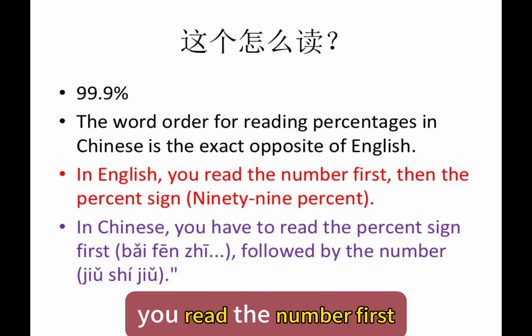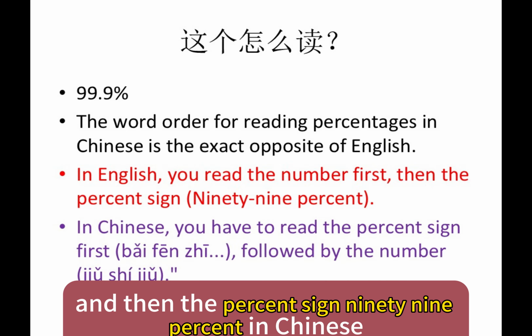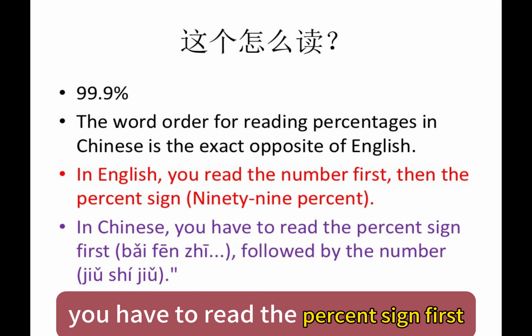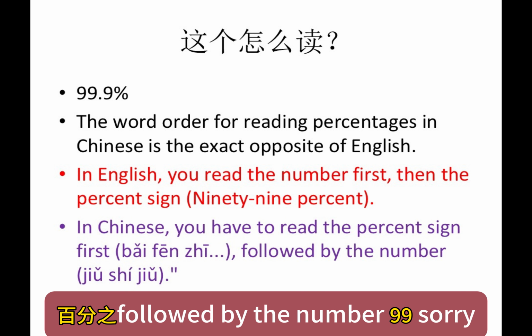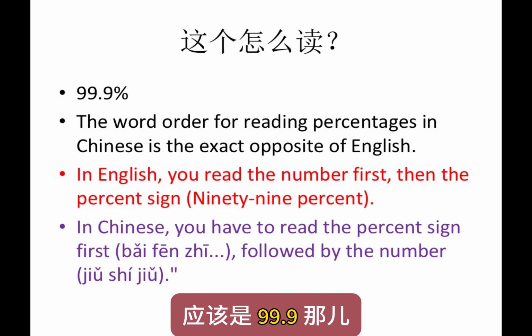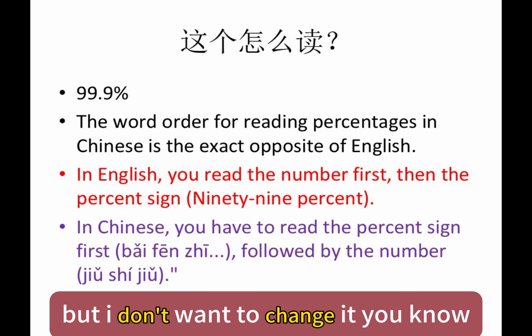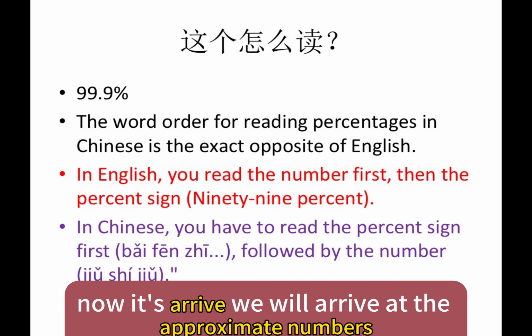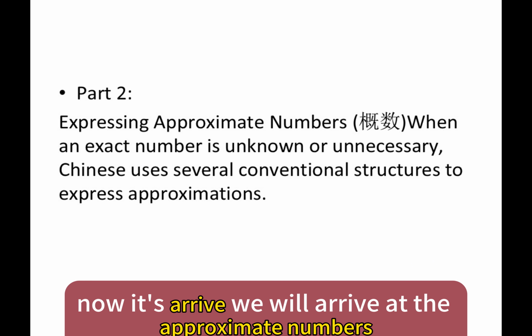In English, you read the number first and then the percent sign, 99%. In Chinese, you have to read the percent sign first, 百分之, followed by the number 99. Sorry, 应该是 99.9. There is a misspelling, but I don't want to change it. You know, I'm lazy.